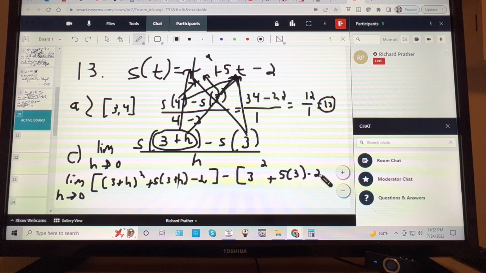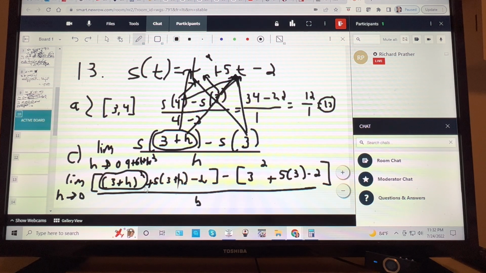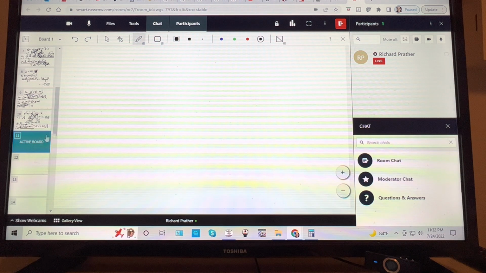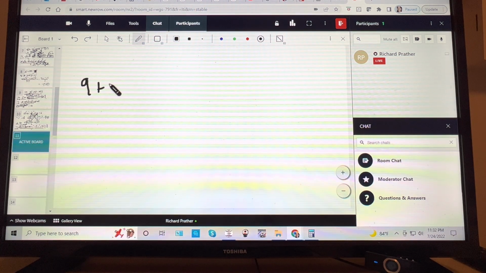The second bracket's got 3 terms, so these 3 will cancel 3 of whatever. This will probably turn out to be 6 again. 3 plus h squared is 9 plus 6h plus h squared, and this time there's nothing in front to distribute onto it. So I'm just going to write those 3 terms: 9 plus 6h plus h squared.